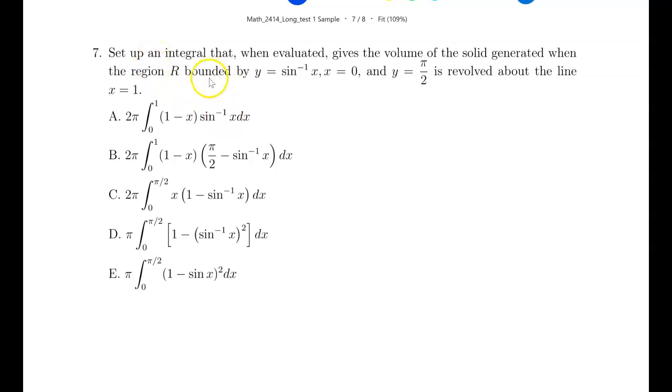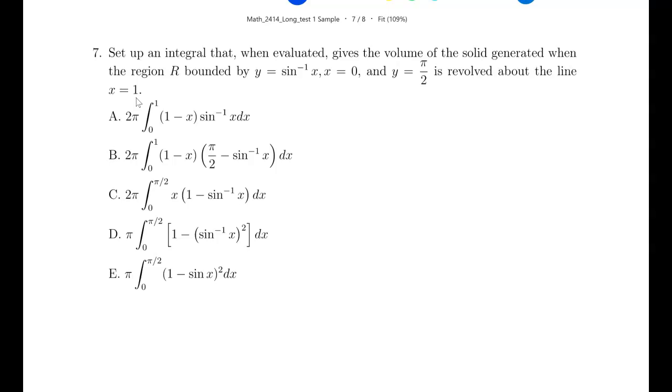Alright, so for number 7, we still consider the same region R here, bounded by y equal to sine inverse of x, x equals 0, and y equal to pi over 2. And now we want to set up the integral that gives us the volume of the solid generated when that region is revolved about the line x equals 1.